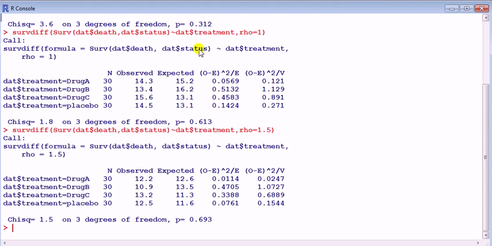That's why the p-value is slightly lower, going towards evidence of a difference in the survival function, because of that long right tail. It places more weight on that long right tail compared to these other two versions of the test, which place weight more towards the middle and the earlier observation times.